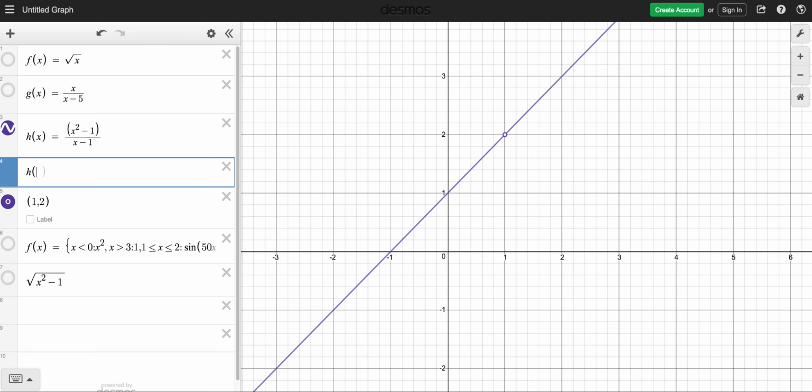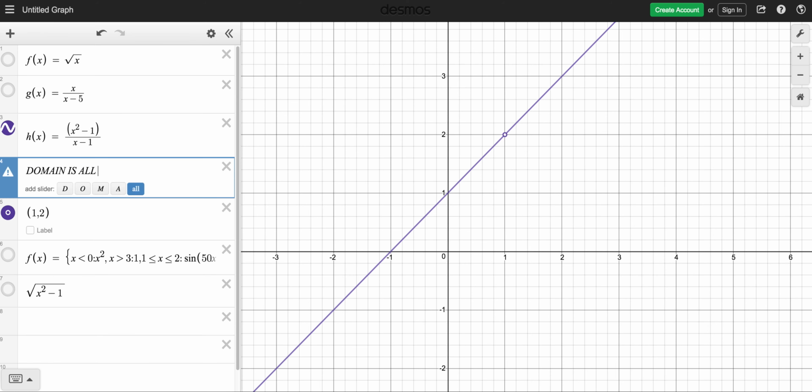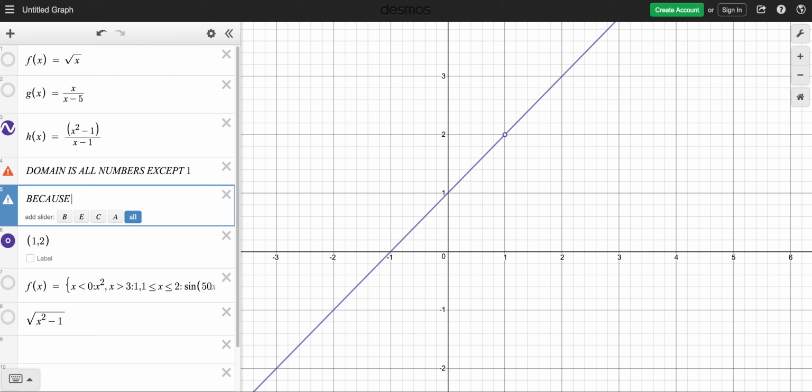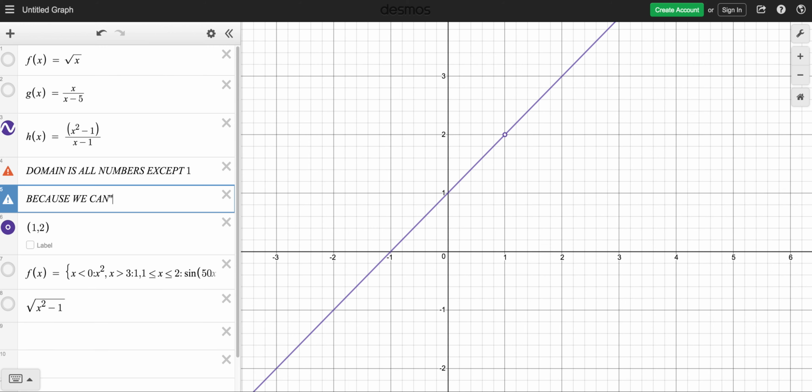And so here, again, the domain is all numbers except for 1. And the reason for that is because we cannot divide by 0. Okay, so that's going to be for h of x.